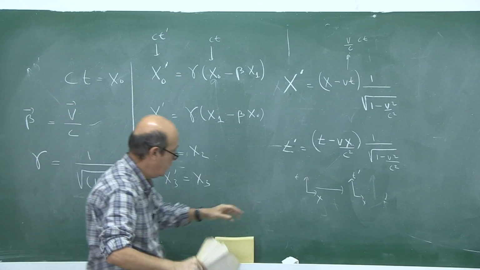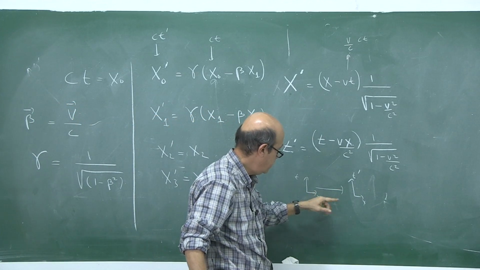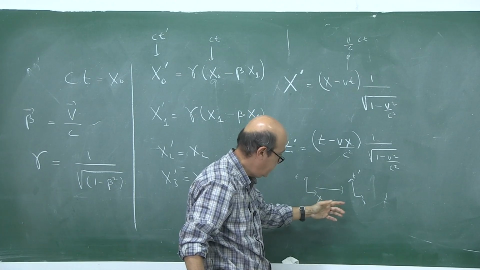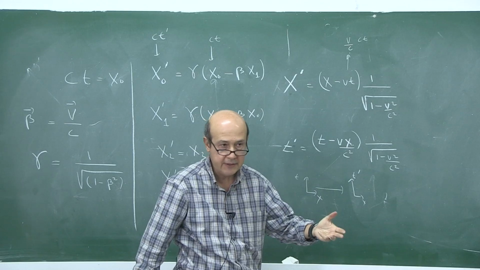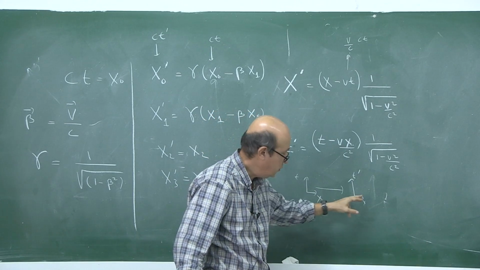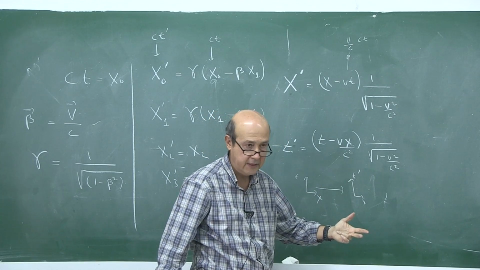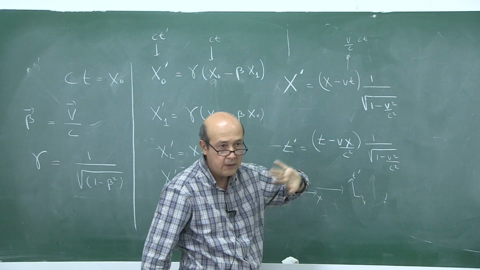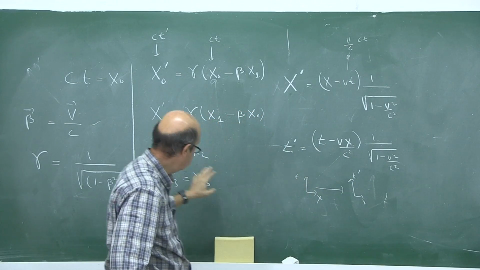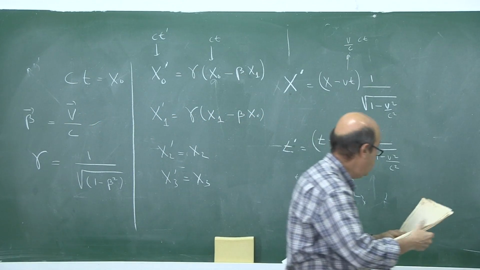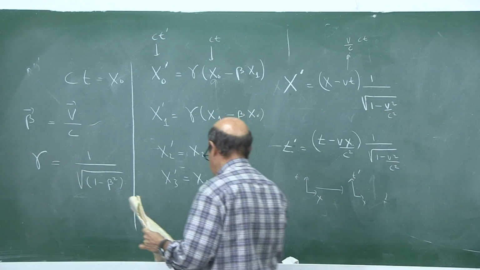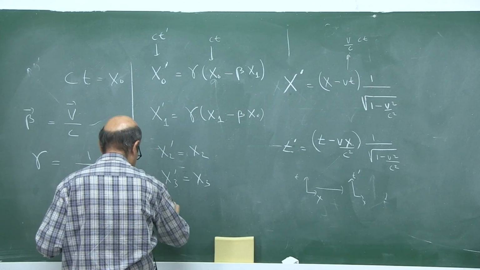If two observers move with respect to each other along the x direction, the time coordinate is affected. Along the motion, the coordinate is affected, but the perpendicular coordinates are not affected by the motion, so they stay the same. So this whole thing is the Lorentz transformations.